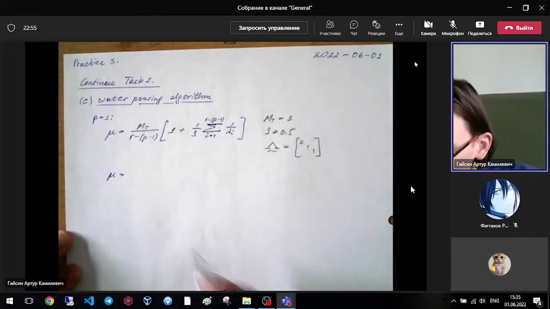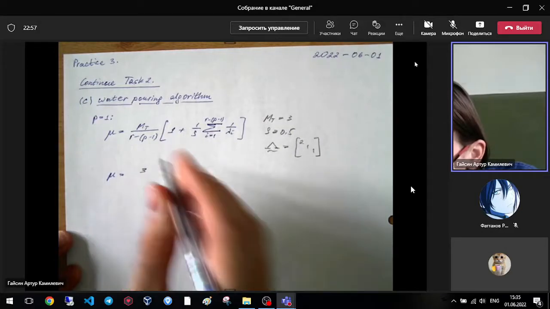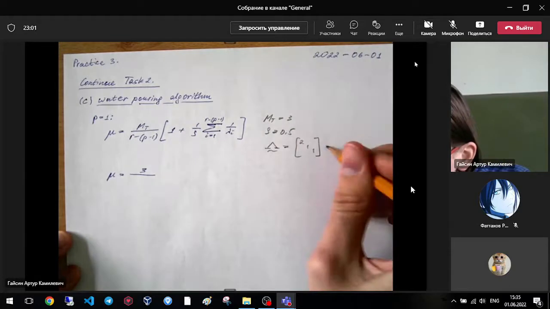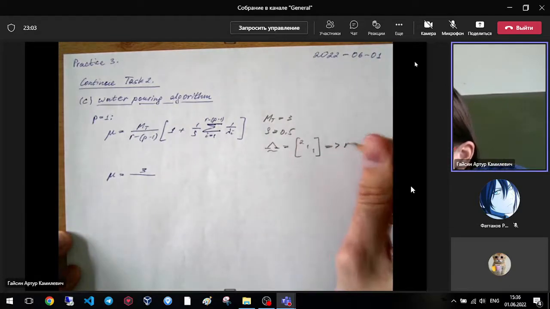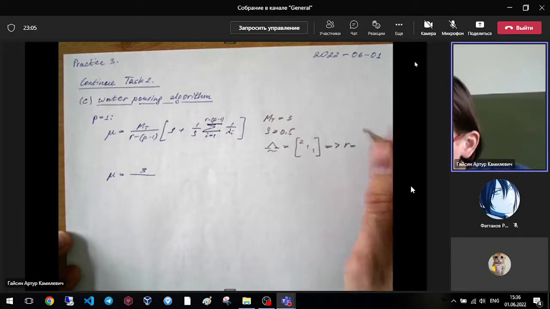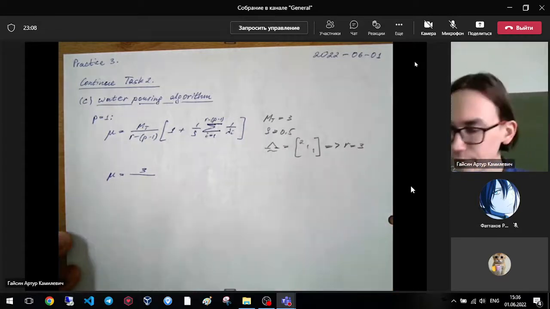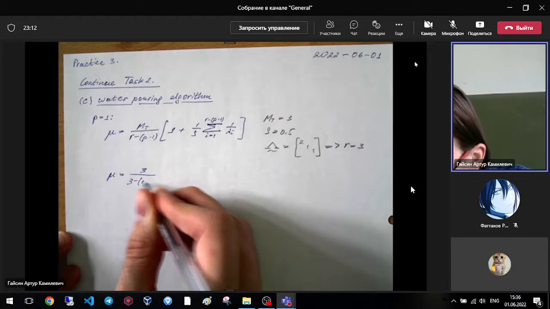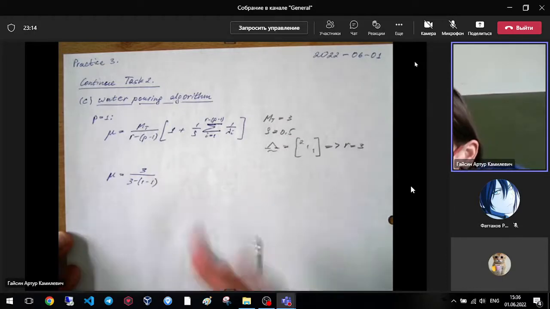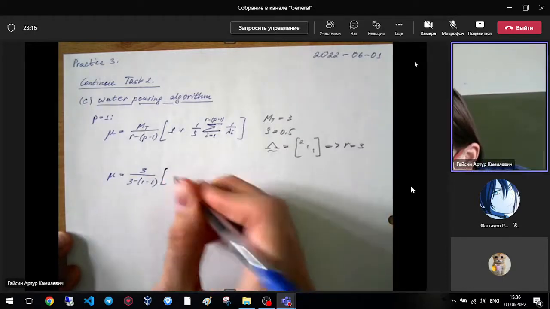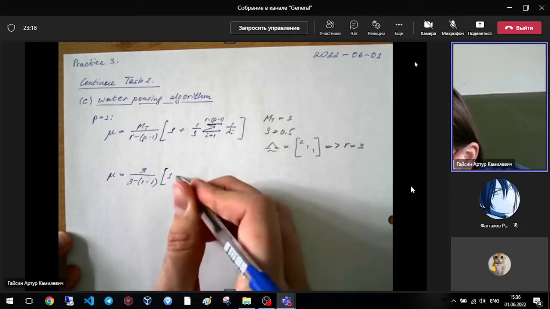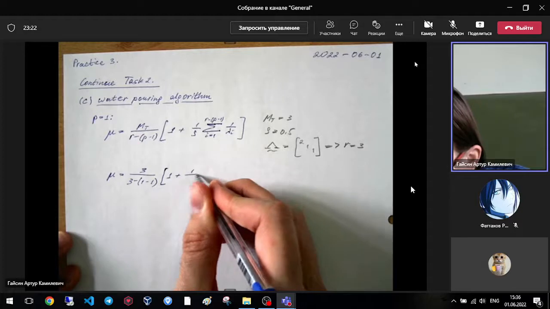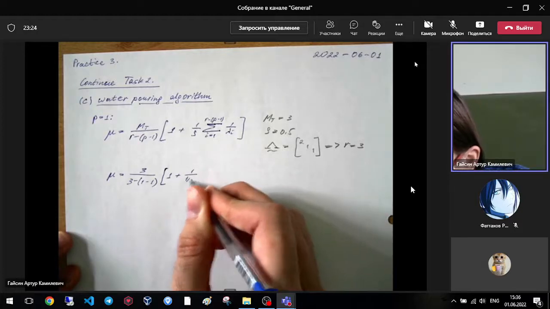So mu is equal to 3 divided by the rank, we can get it from the number of eigenvalues, but the rank is equal to 3. So 3 minus 1 minus 1, so it is just 0... Then inside of braces 1 plus 1 divided by 1/2.